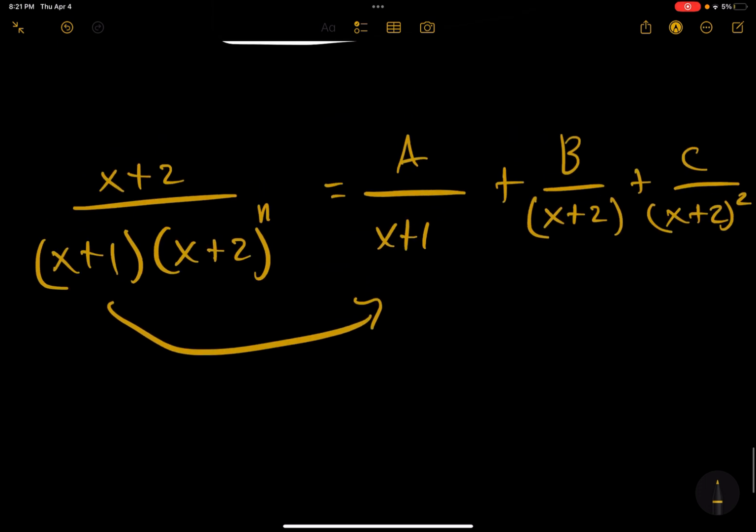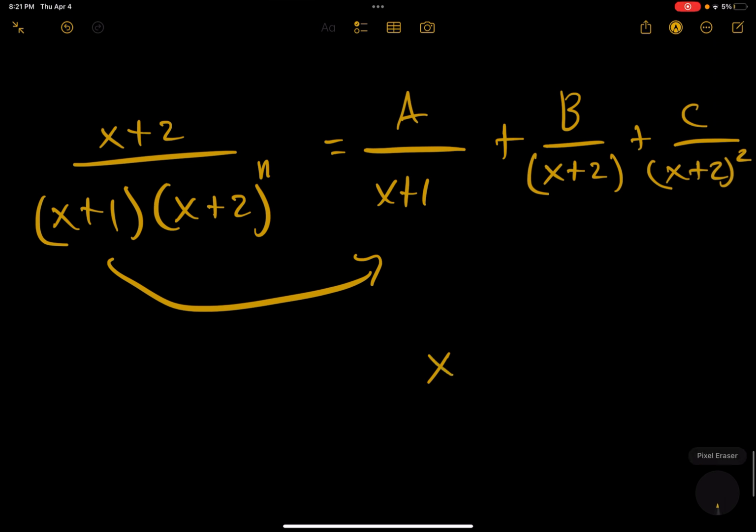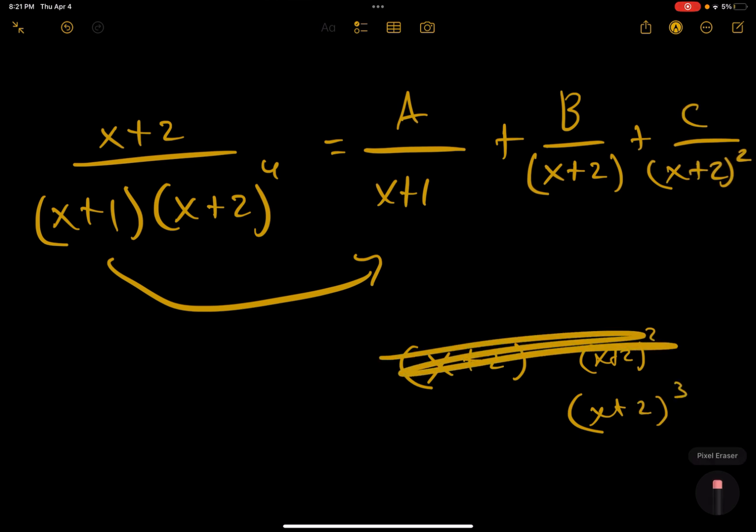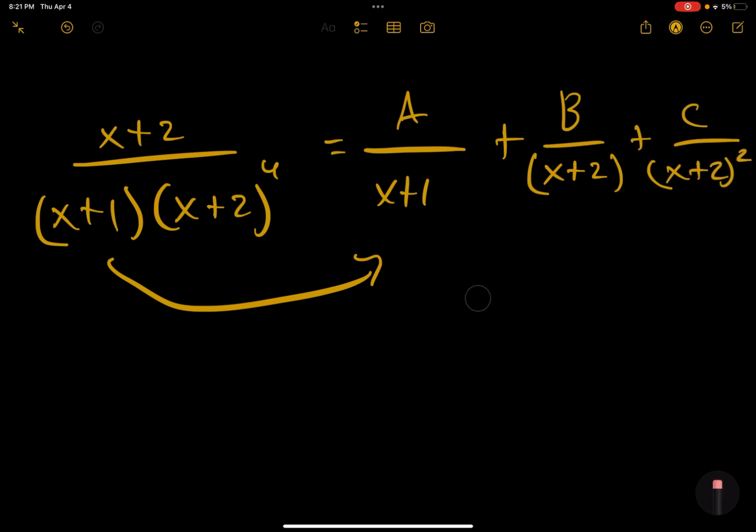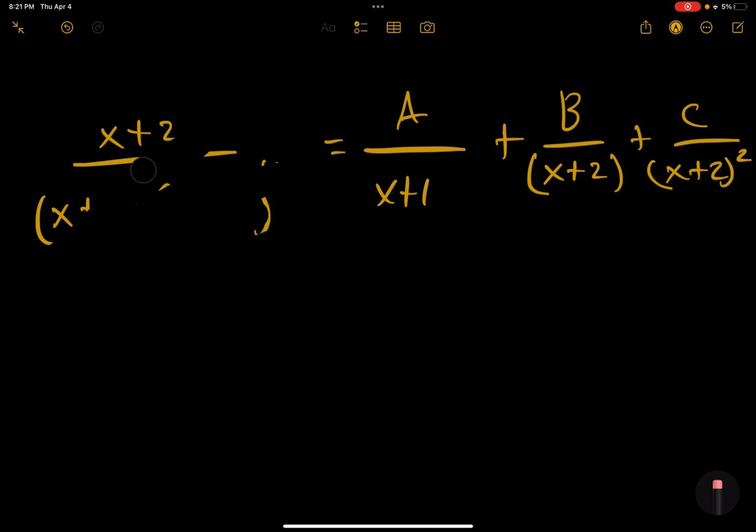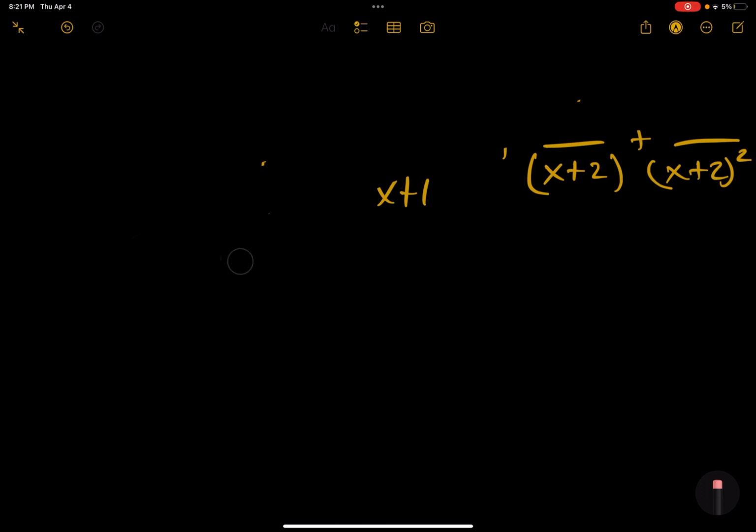It's basically n, and then we add the amount of n's we do here. Because let's say we had x plus 2, x plus 2 squared, x plus 2 cubed, etc. Do you understand what I'm trying to say? That is how we do it. And once we get to that point where we're multiplying, it's the same thing again.